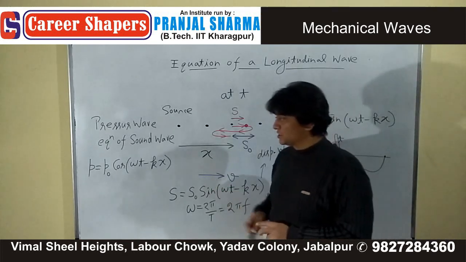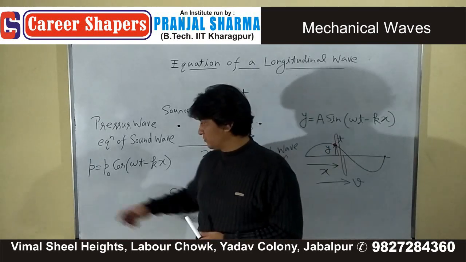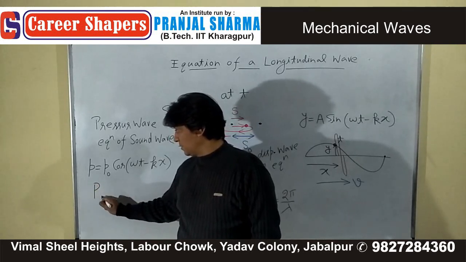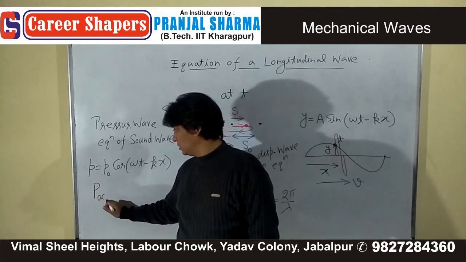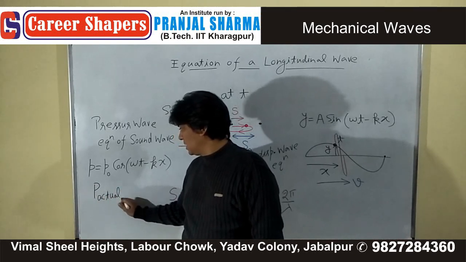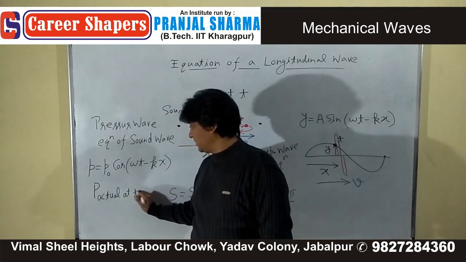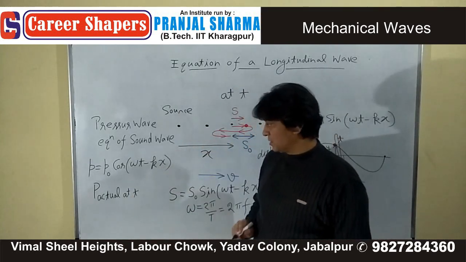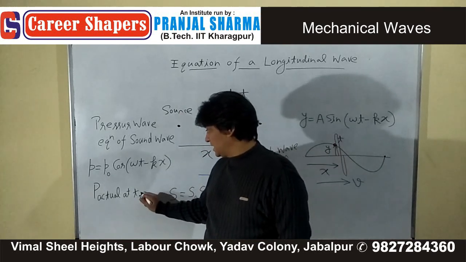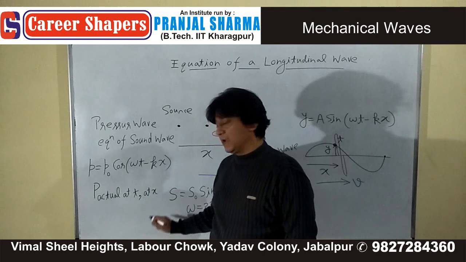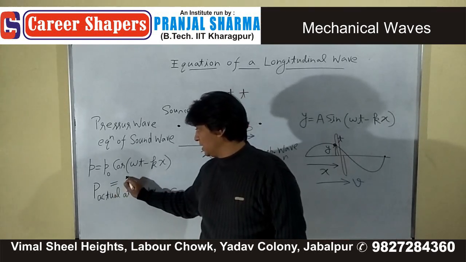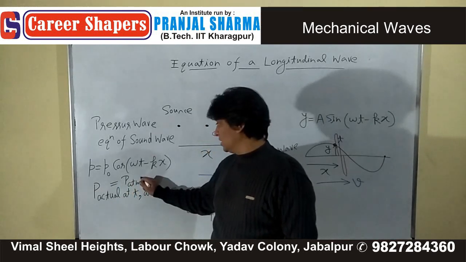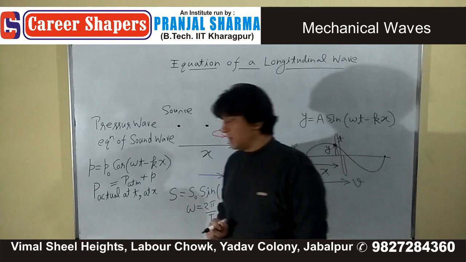You will understand the meaning of this P naught with the help of this information. If I ask what is the actual pressure, P actual at time t at position x, then it will be atmospheric pressure plus small p.